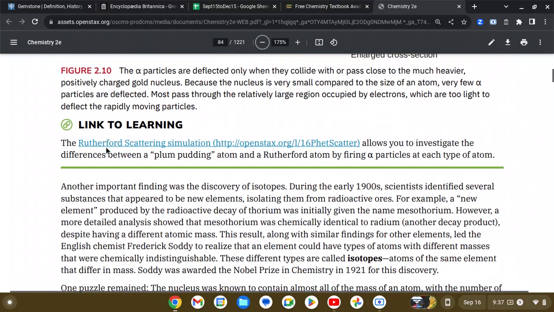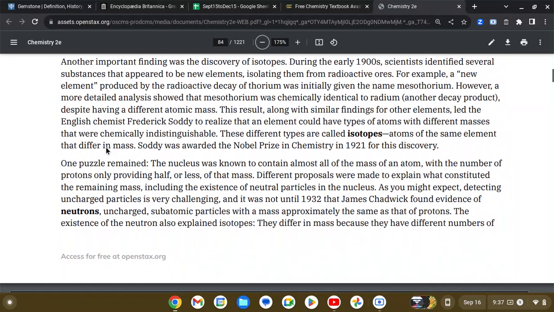Another important finding was the discovery of isotopes. During the early 1900s, scientists identified several substances that appeared to be new elements, isolating them from radioactive ores. For example, a new element produced by the radioactive decay of thorium was initially given the name mesothorium.